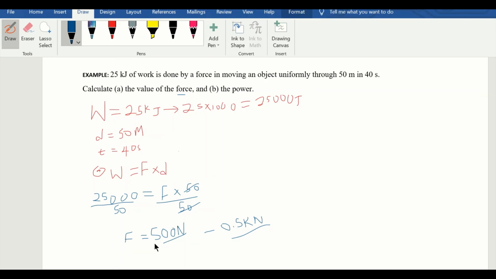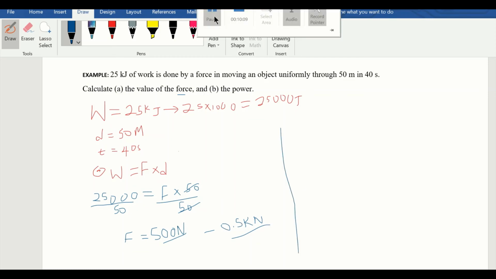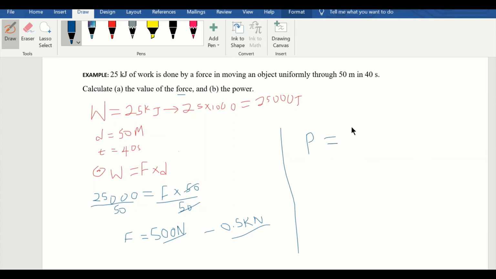So the answer is 500 newtons or 0.5 kilonewtons. That is correct. We are asked to find the power. Power, P, is equal to the work done over my time.